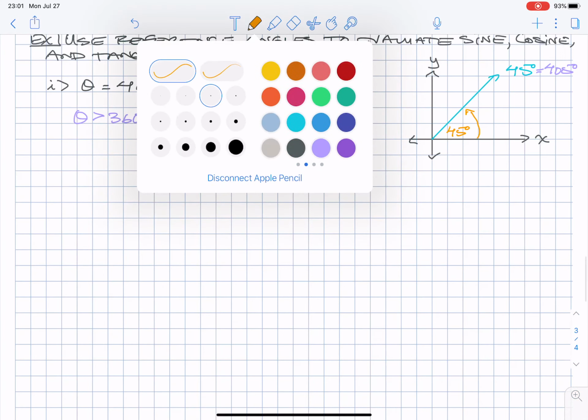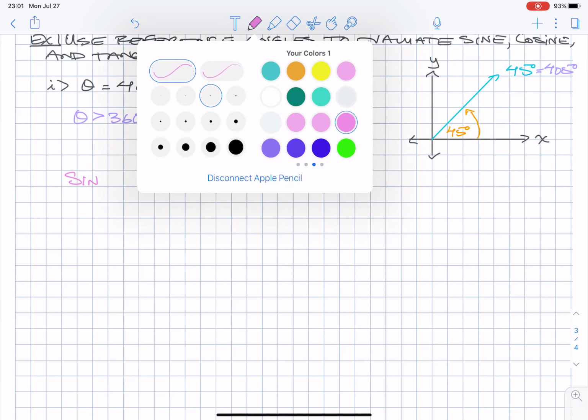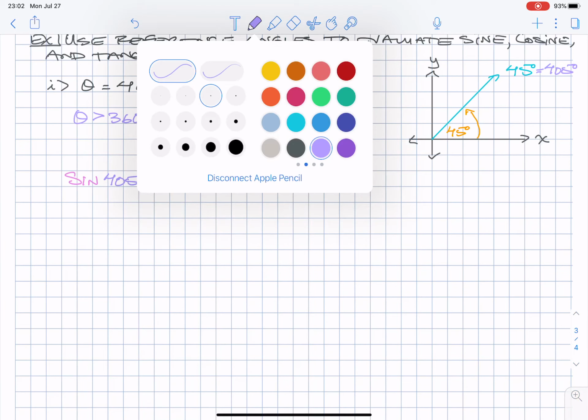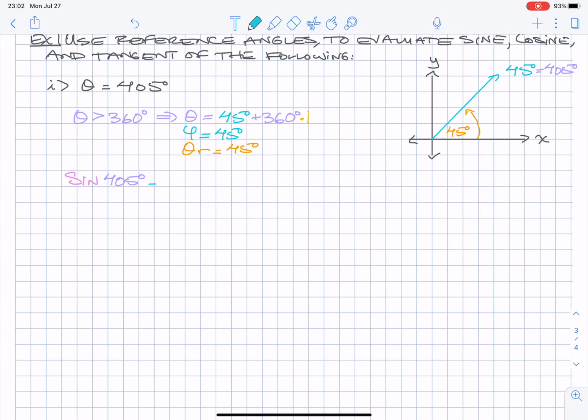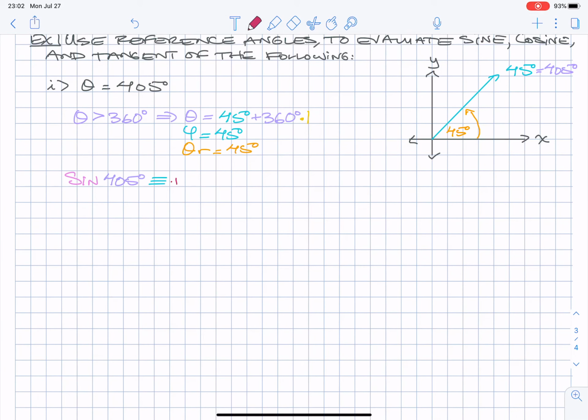So what I claim is that sine of theta, or 405 degrees, is going to be equivalent to, I'm in quadrant 1, so sine, the y-coordinate, is positive.